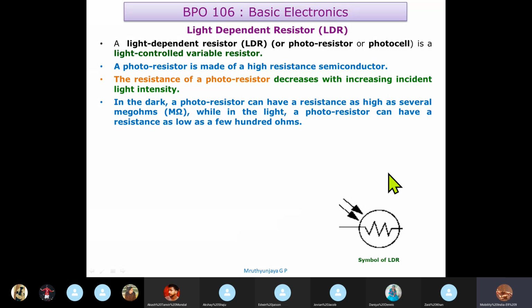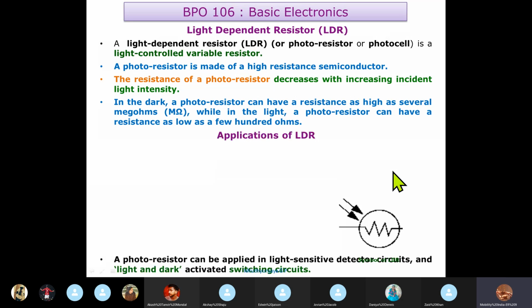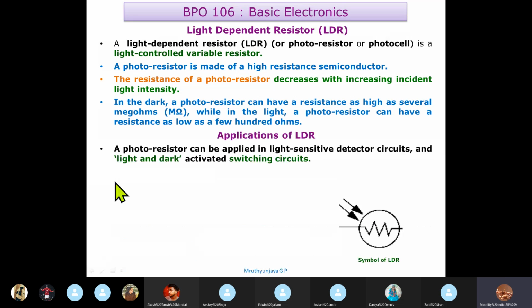Typical applications, by now I think you would have imagined. It can be applied in light sensitive detector circuits and light or dark activated switching. Light activated switches are again one of the most common applications nowadays.